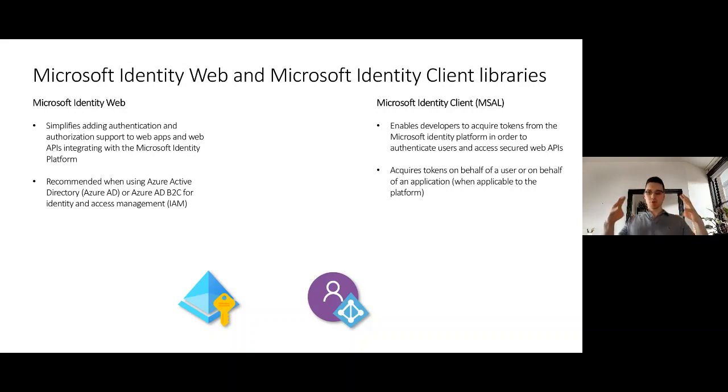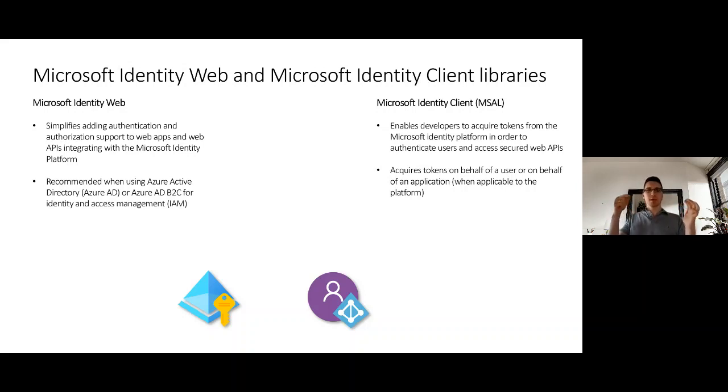And now when a user authenticates in the UWP application, Universal Windows Platform, for instance, we can request a specific scope to get an access token from Microsoft Identity Platform to be able to call this API on behalf of the authenticated user.